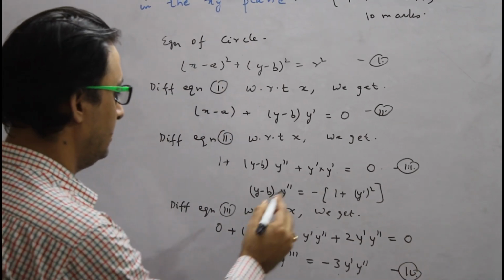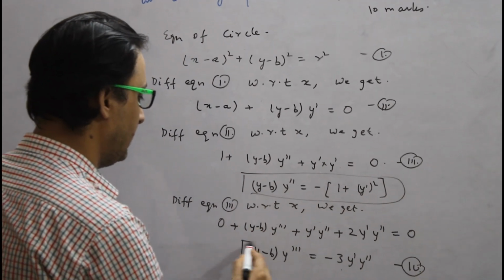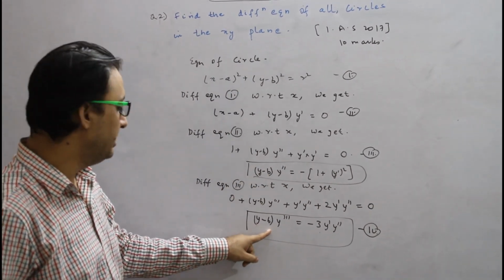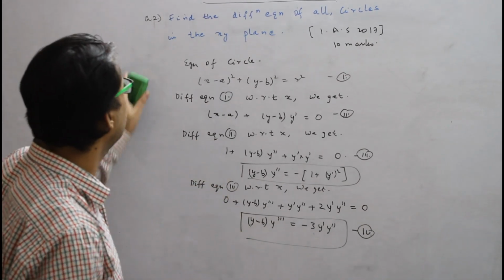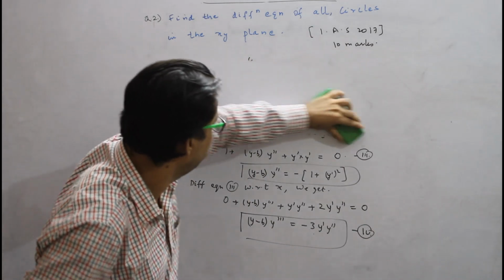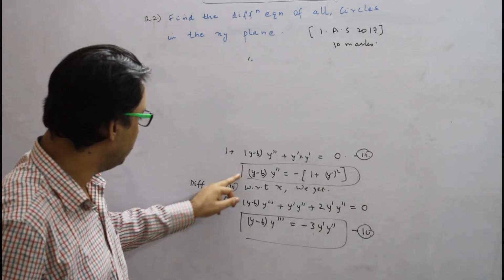Now in this part and this part, we are seeing y minus b, y minus b. So I will eliminate the constant b, and when I am doing so, I will write it on the upper portion here. So I will divide this one.